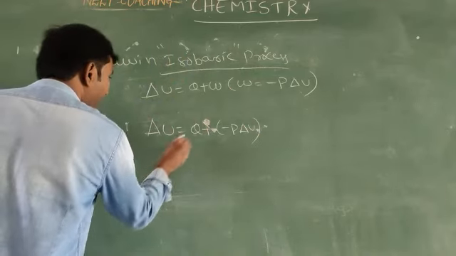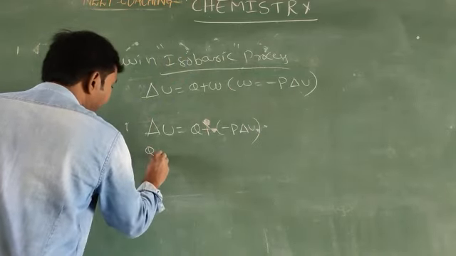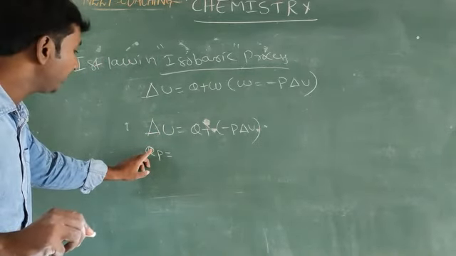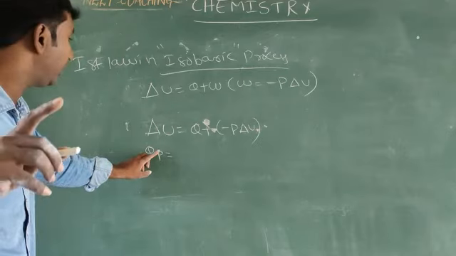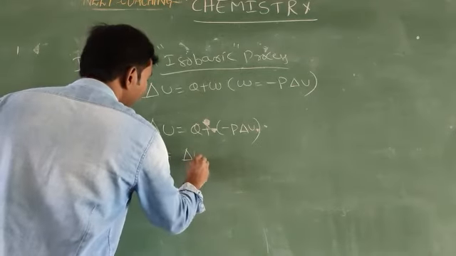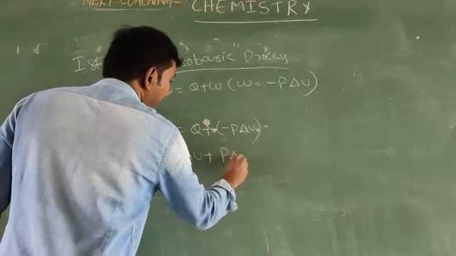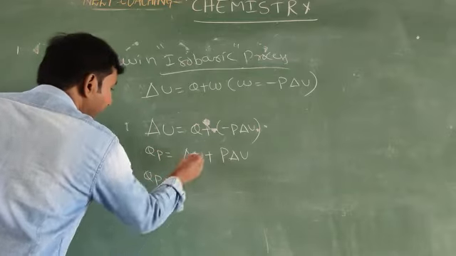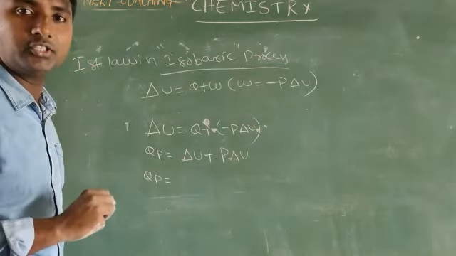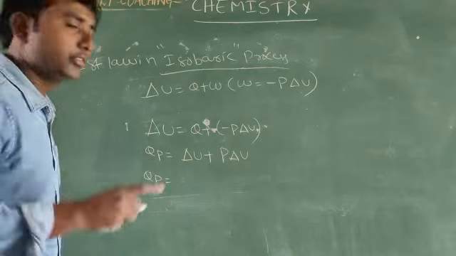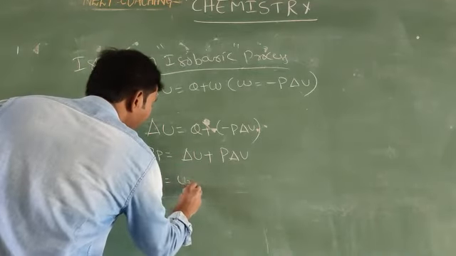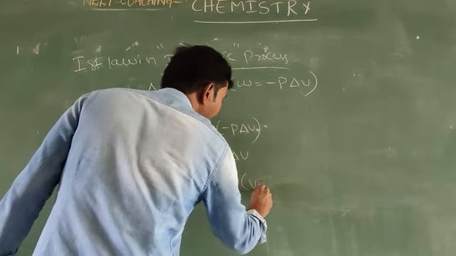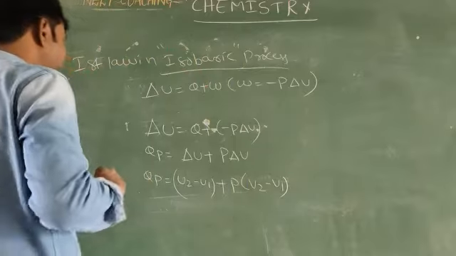Q comes to this side. QP means heat exchange at constant pressure. QP equals del U plus P del V. Change in internal energy equals final internal energy minus initial internal energy: U2 minus U1, plus P times change in volume, V2 minus V1.